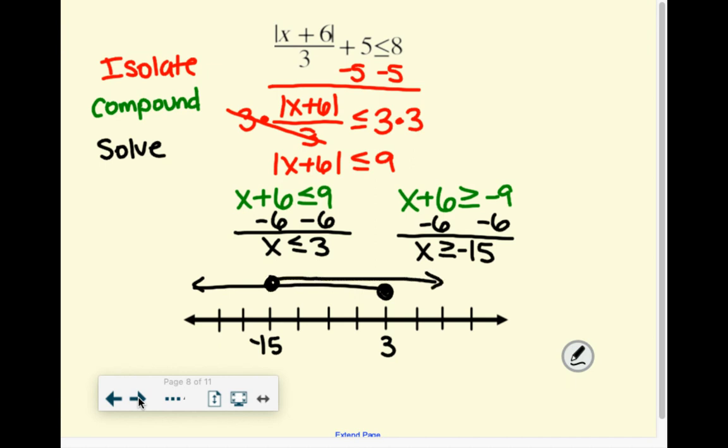So the part we want is where they overlap, okay, which is right there. From -15, comma, to 3, both of them getting brackets because they're both closed circles.